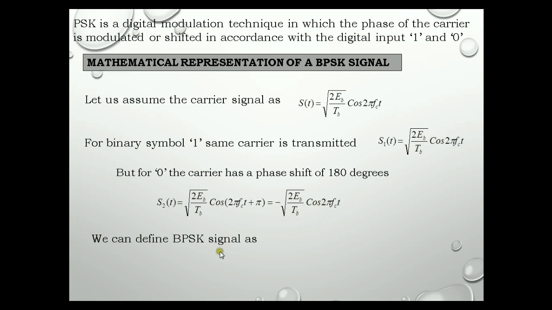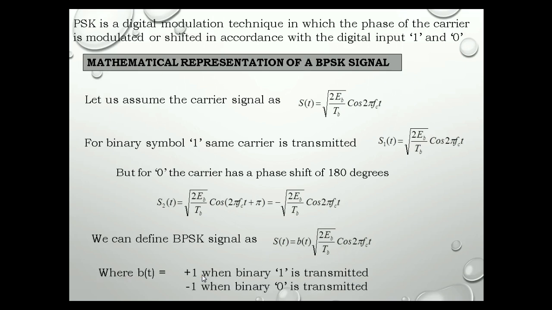So in general, we can write the equation for the BPSK signal as s of t, which is equal to b of t square root of 2EB divided by TB cos 2 pi FCT, where b of t will be equal to plus 1 when binary 1 is transmitted and it will be equal to minus 1 when binary 0 is transmitted. With this introduction, we will see how to generate a BPSK signal.